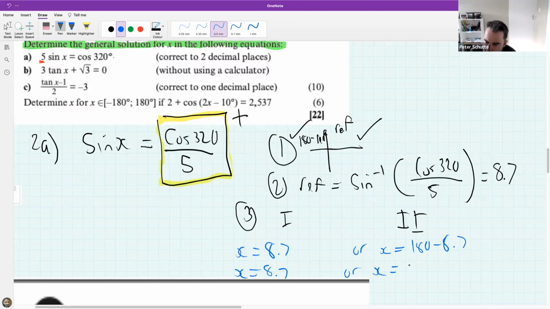What's that going to be? 171.3. And then to make it a general solution, we're going to say plus k times 360, where k is an element of the integers.